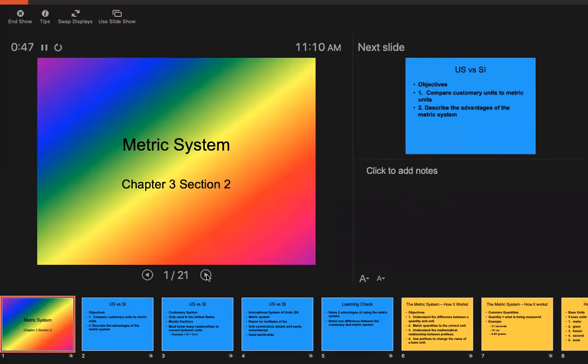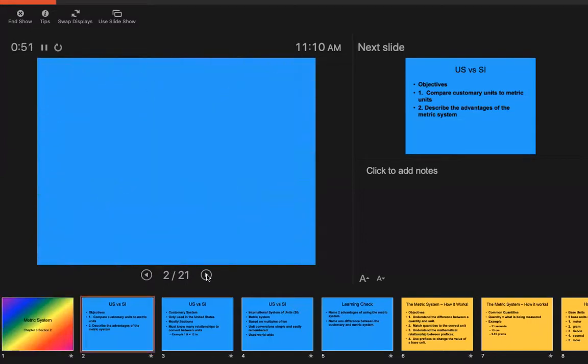All right, our objectives for the first part. Now I have this broken into small sections so that we can get one concept before we move on to the next. You do not have to write our objectives down, but the first part here is the US versus SI. SI is just another way of saying metric system. It's the Système International, or the International System of Units, metric units, all that means the same thing.